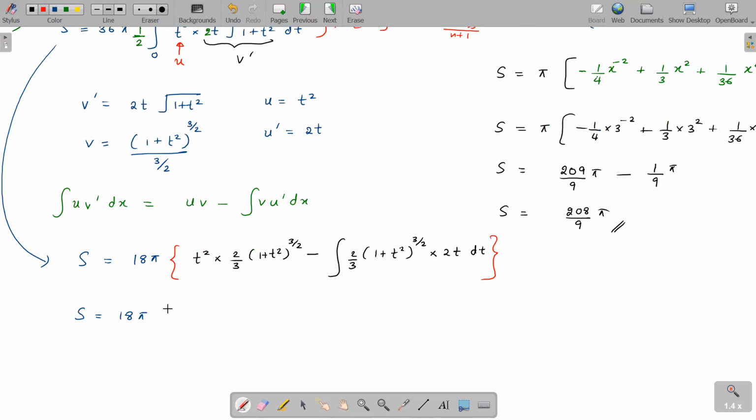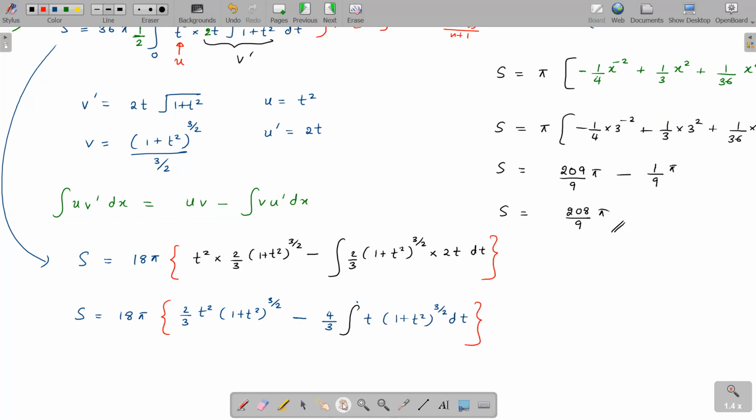What do we get here? 2 over 3 t square, 1 plus t square to the power 3 over 2 minus I can take the common thing. I can take 4 over 3, and inside the integral sign I get t and 1 plus t square to the power 3 over 2. Are you with me? With respect to t.